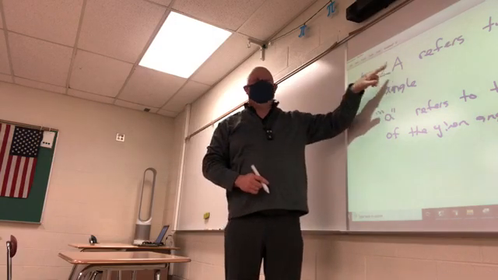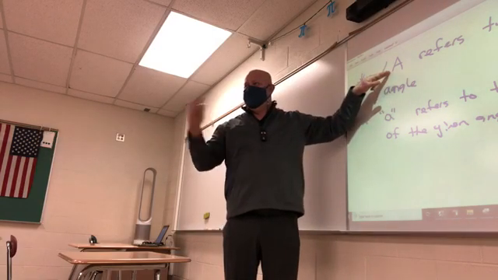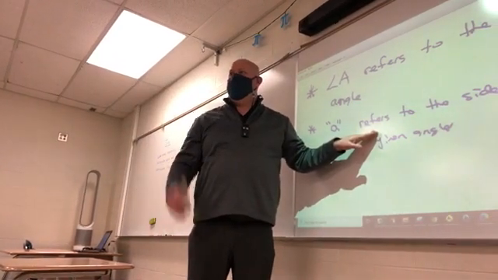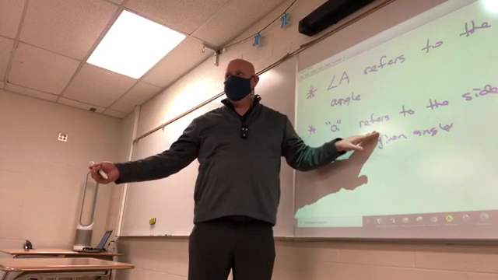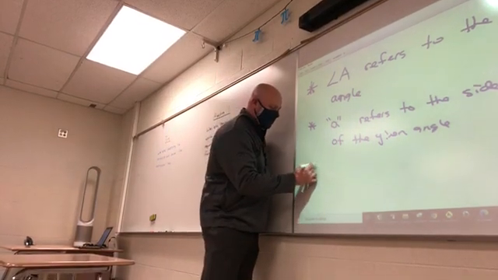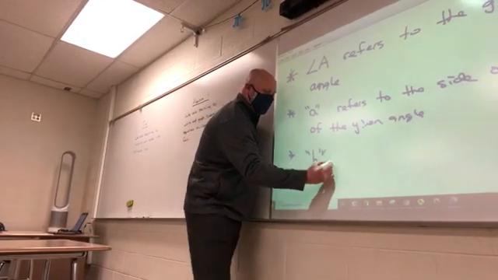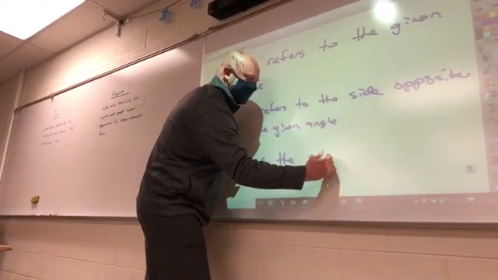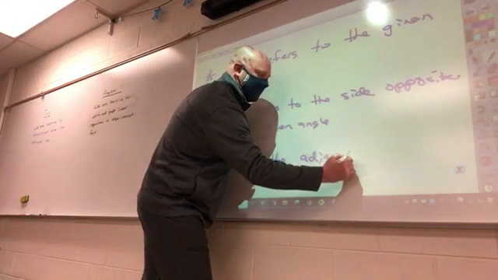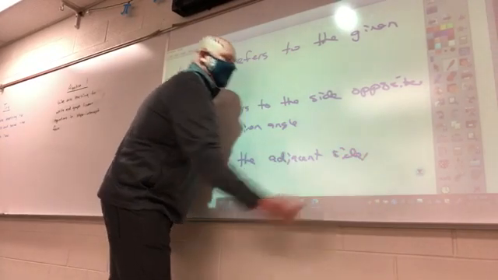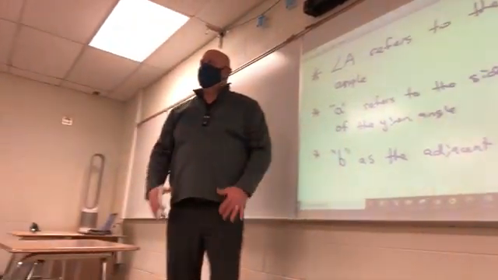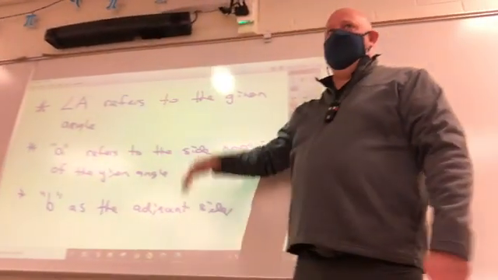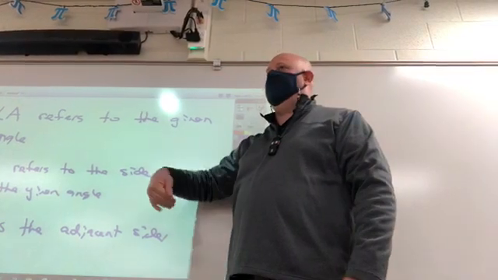I'm just going to start using capital A, angle A, for the given angle, little a for the side opposite of the given angle. Does that make sense? And I'm just going to use little b as the adjacent side, basically the other side. So in the notes, I'm just going to use those three letters, capital A, little a, and little b.